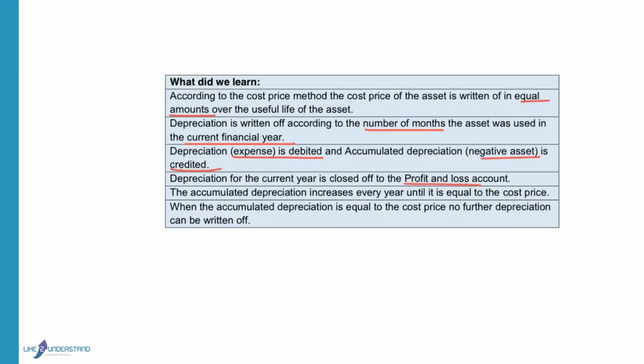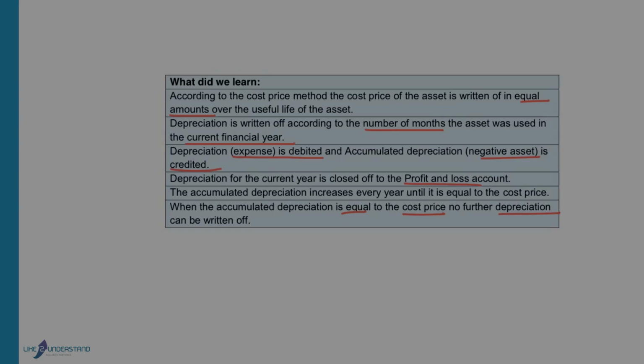And every year we will deduct the accumulated depreciation from the cost price so that we can determine the carrying amount. When the accumulated depreciation is equal to the cost price, you are not allowed to write off any more depreciation. So you can only write off depreciation until the accumulated depreciation is equal to the cost price.